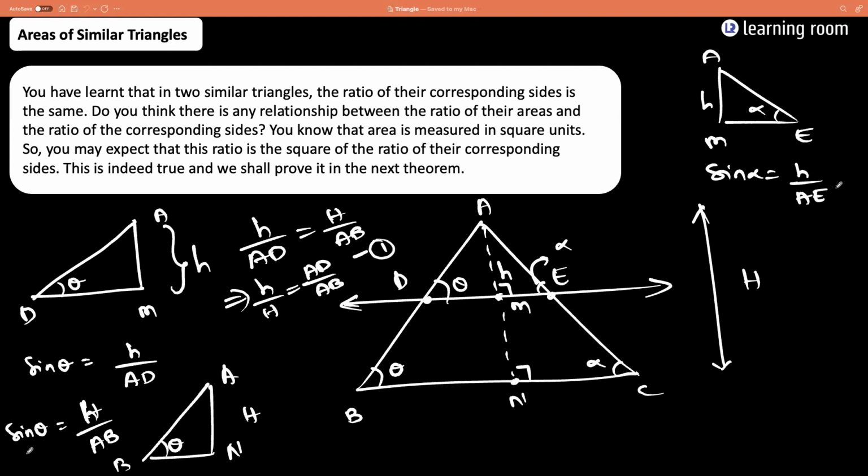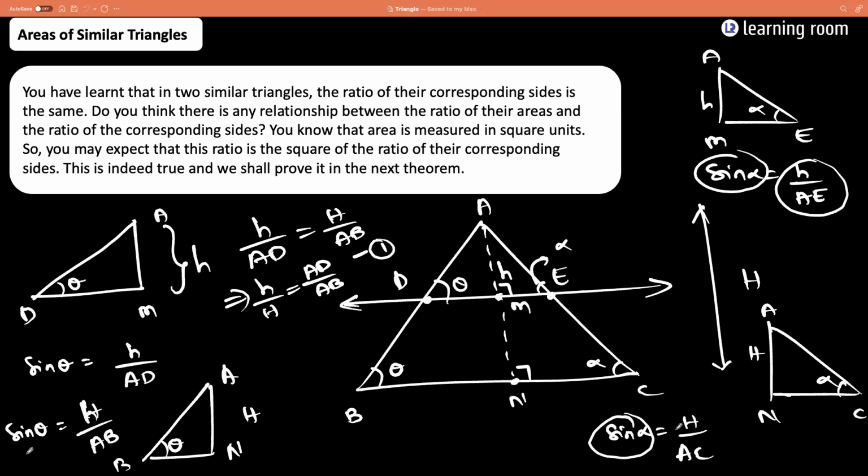Okay, if I take the bigger triangle, this is alpha, this is capital H, this is going to be ANC. So what is sine alpha from here? Capital H by AC. So sine alpha is h by AE, sine alpha is H by AC. So small h by AE is equal to capital H by AC, which implies small h by capital H is AE by AC.